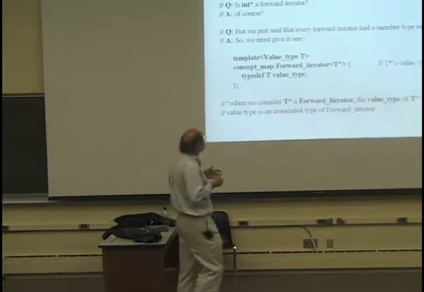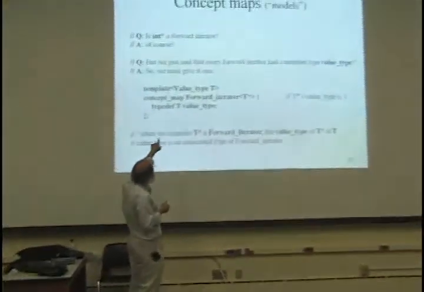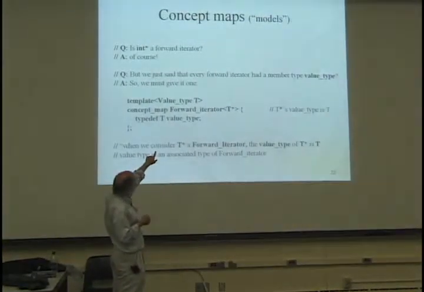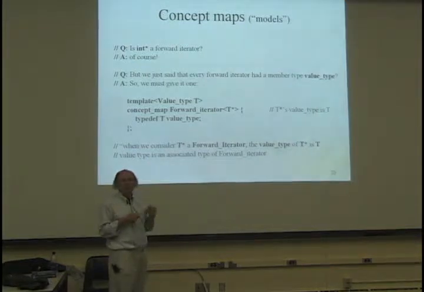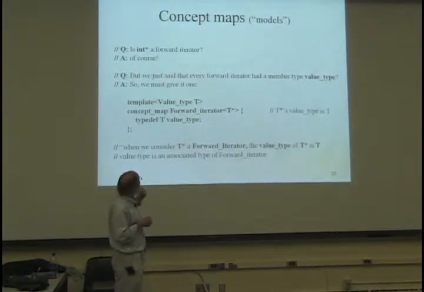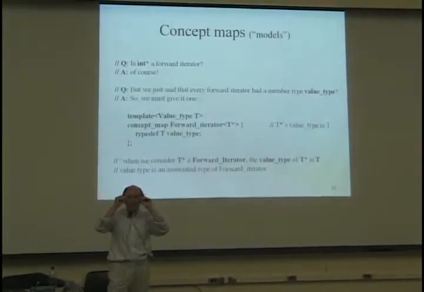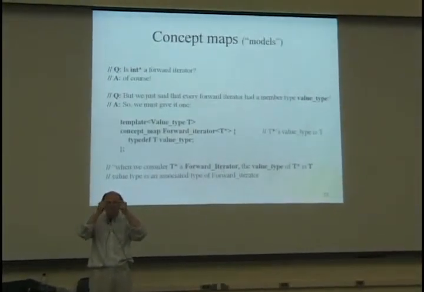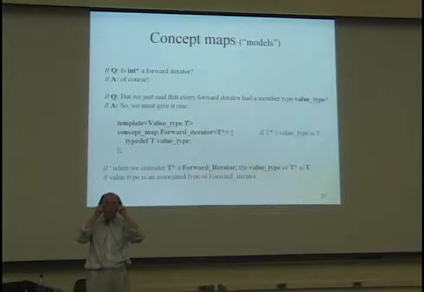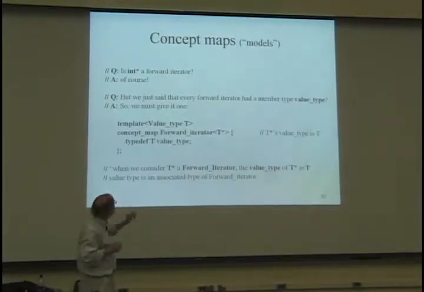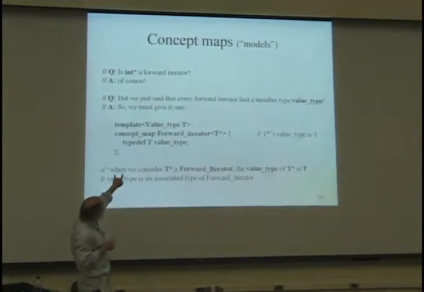And the answer is we can say, when you are looking at a forward iterator that is a T star, pretend that T is the value type. It's sort of like a pair of glasses you put on. Now you see not just what it is, but what your glasses help you to see. And so that's what that concept map is doing.